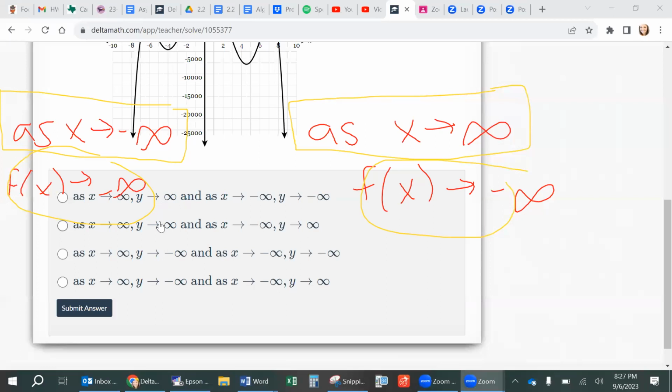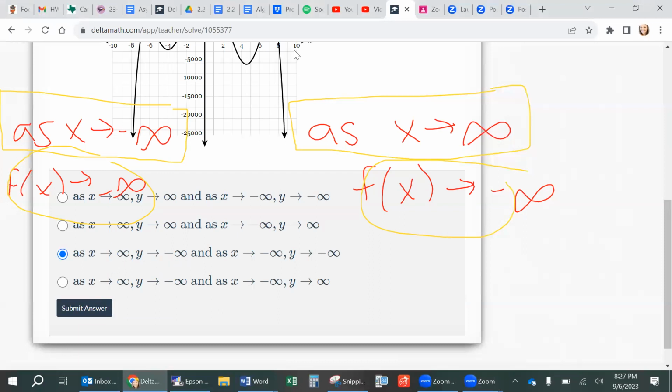Out of these bottom two here, these both are negative infinity for my y's, but this one has one end pointed up, which means I want letter C. Also you should know that f of x and y are the same. So if it says f of x approaching infinity or y approaching infinity, those are the same. So for the third question, you're choosing the third answer.